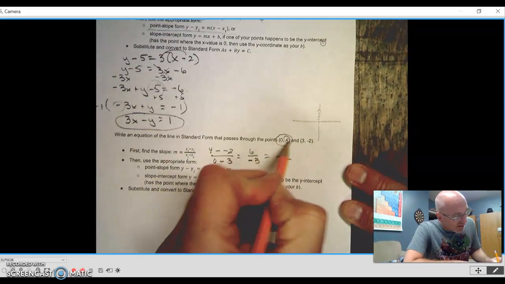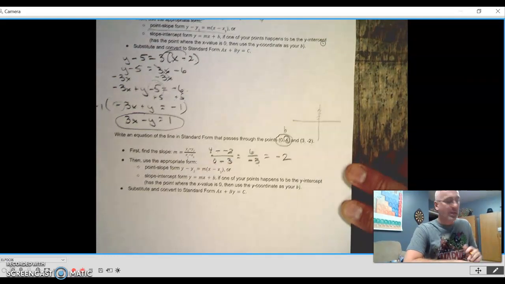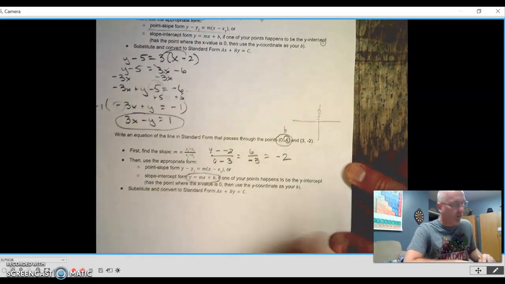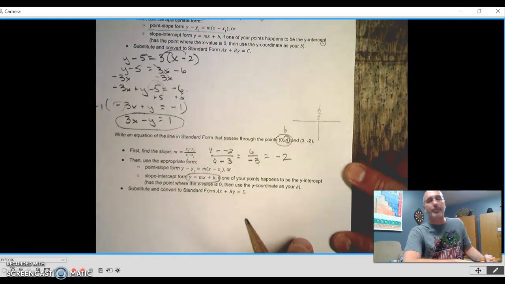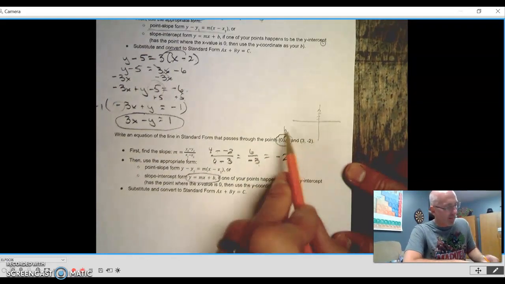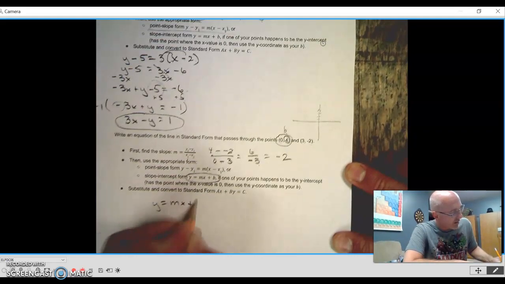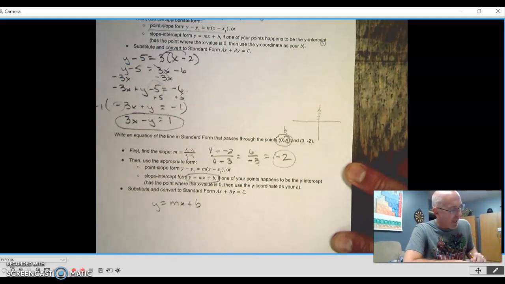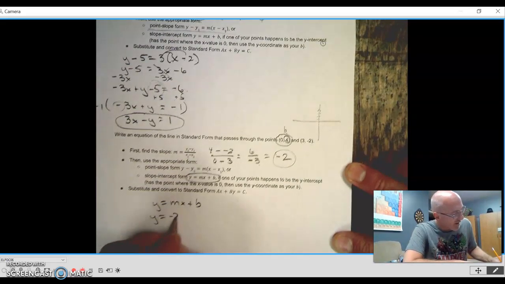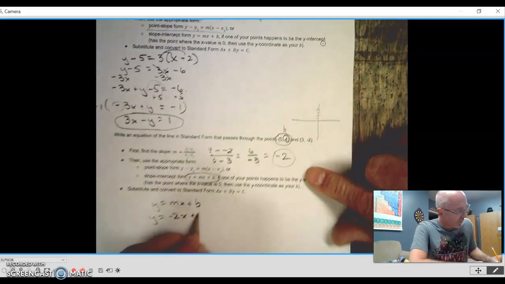So this number right here is our b. If we were to use the y equals mx plus b form, slope-intercept form, that makes it a little bit easier. So if we start with y equals mx plus b, our m is -2. So y is -2x plus b, so our b is 4.